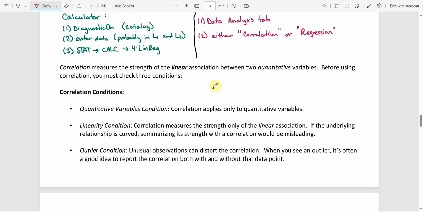But the correlation does only measure the strength of a linear association. So if you have a different shape, then you may have a strong pattern, but if it's not linear, the correlation might come back saying that it looks like a weak linear association.